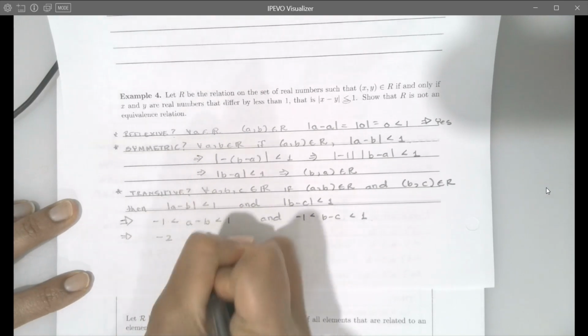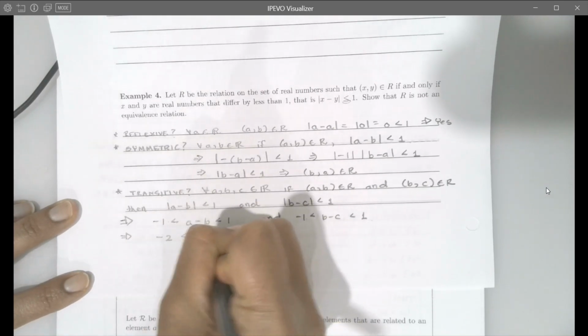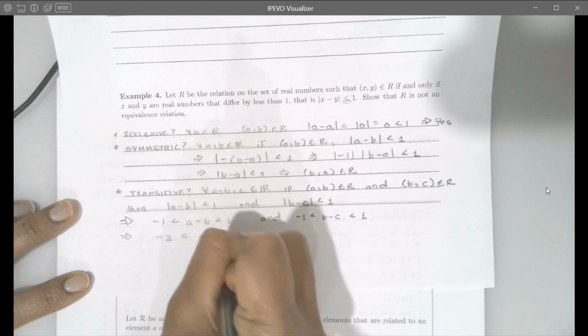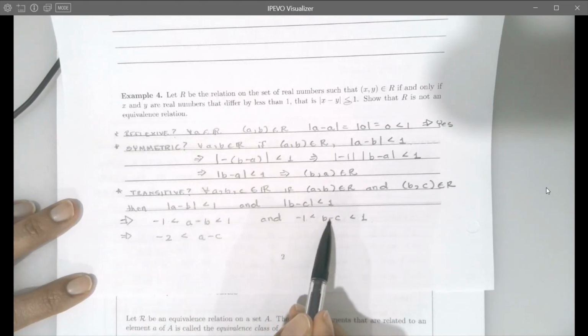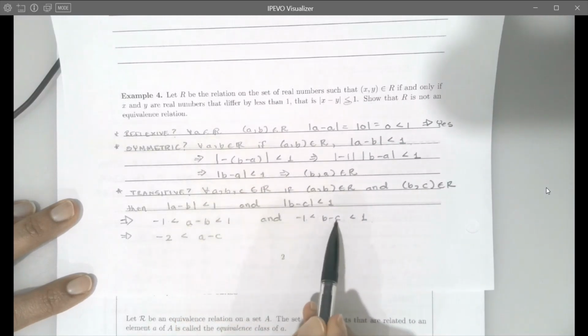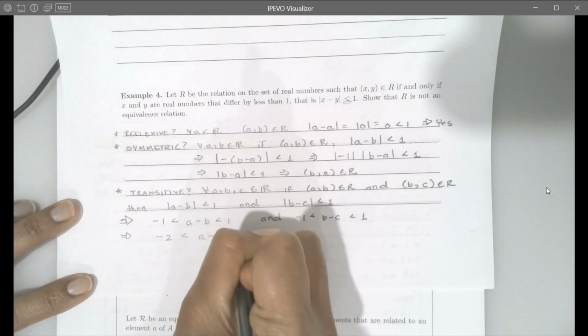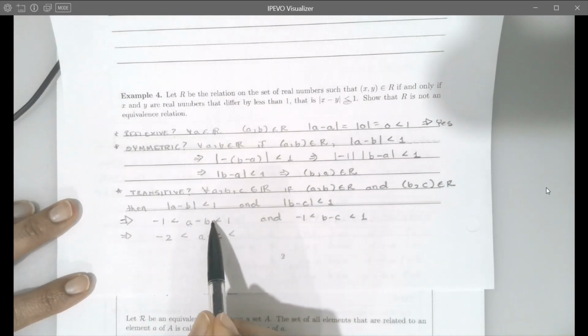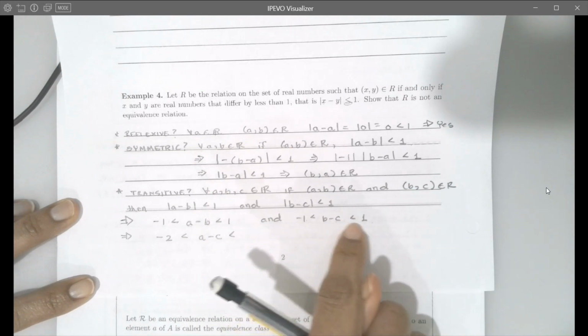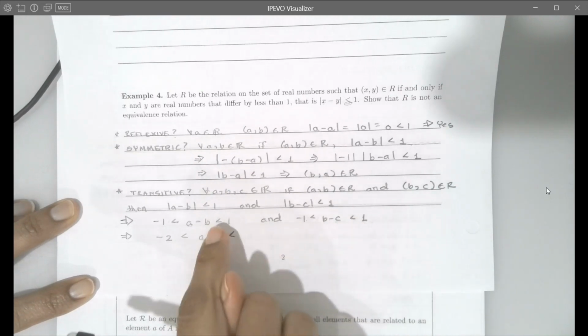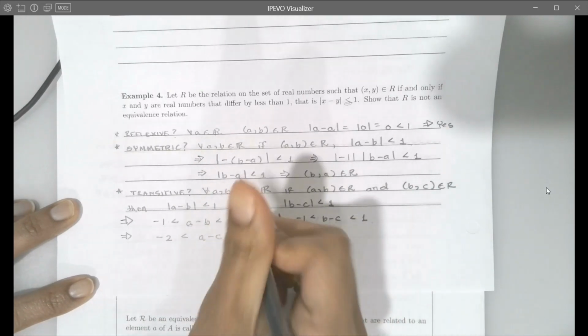So we're going to get negative 2 is less than A minus C, because that is the result of adding A minus B plus B minus C, right? The negative B and the B will cancel, and we'll get A minus C. And that's going to be less than, well, again, if A minus B has to be less than 1 and B minus C has to be less than 1, then the sum of the two has to be less than 2.